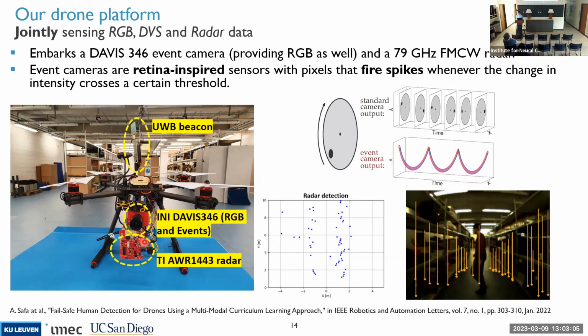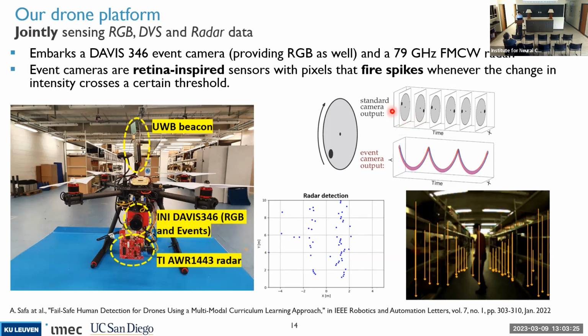It also has a radar, a 79 gigahertz frequency modulated continuous wave radar. And this platform is really the platform that we have been using for experimenting with sensor fusion, with neuromorphic sensor fusion between a radar and cameras.